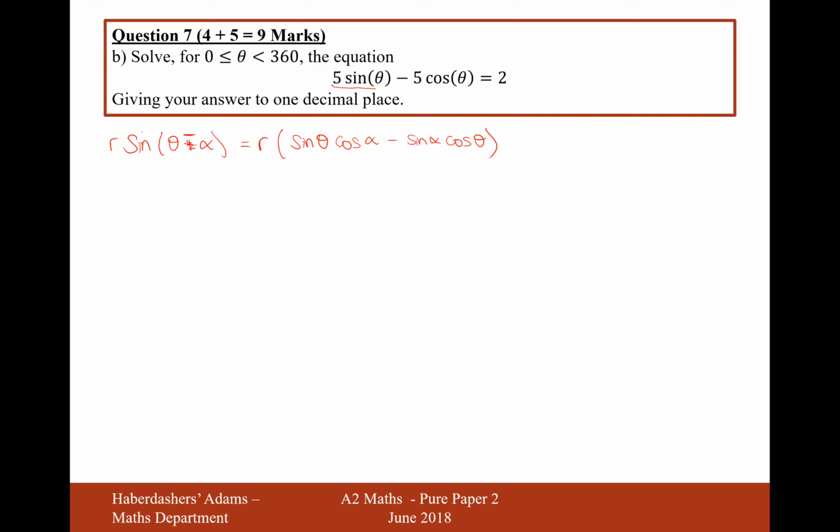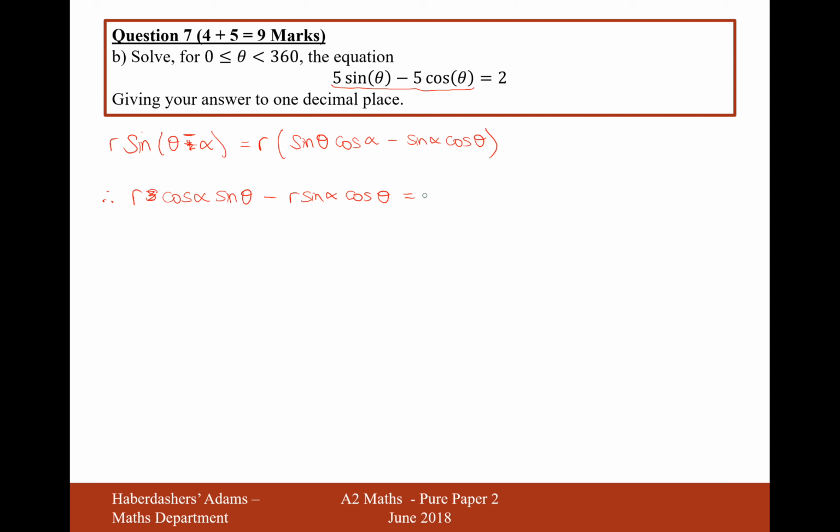We're going to turn this into r sine theta minus alpha, and then we'll set it equal to 2 onto the other side. So let's expand our brackets then. We'll write it in a different order, you'll see why in a second: r cos alpha sine theta minus r sine alpha cos theta.